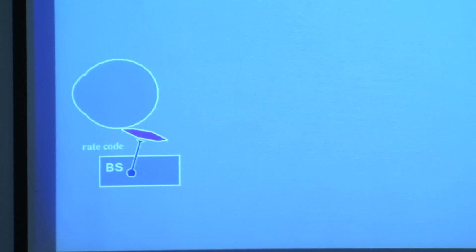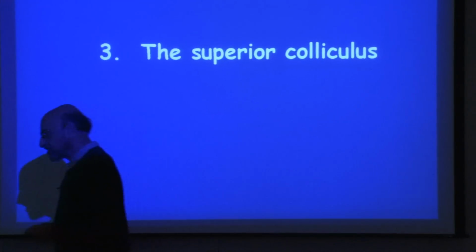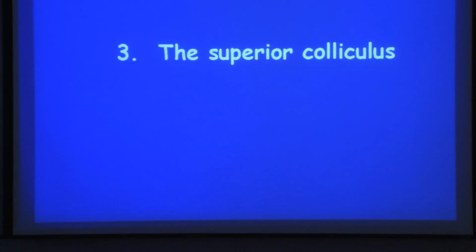So that's the basic layout at this point. As I say, this will grow and grow until by the end of next time it's going to be really complicated. But that's how the brain works. It's complicated. All right. So with that, we are next going to move to the so-called superior colliculus.